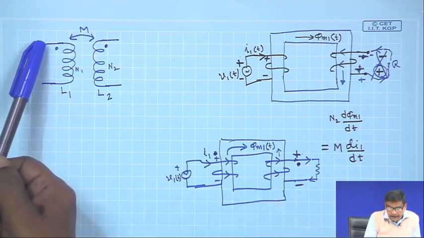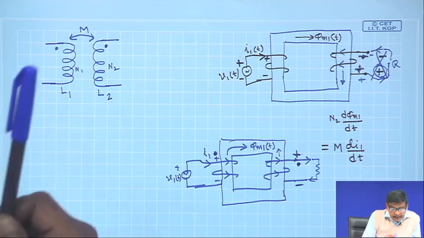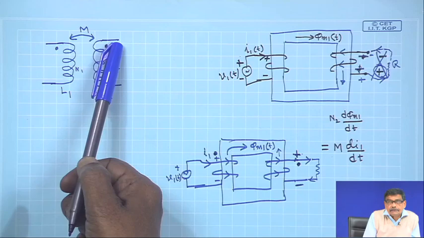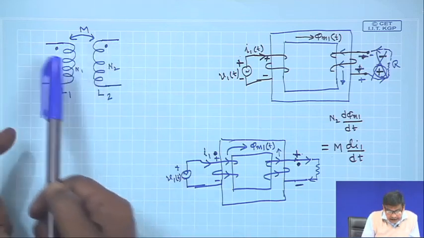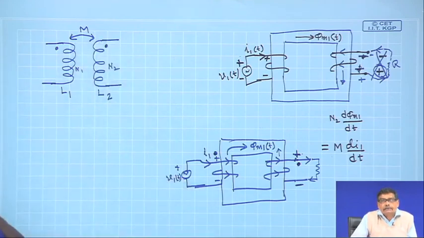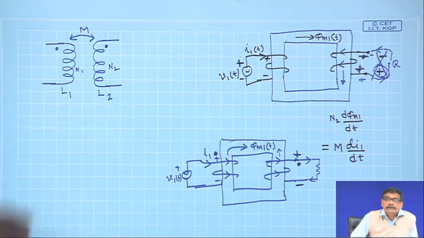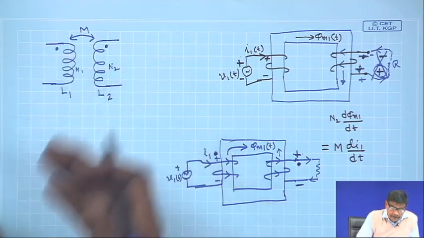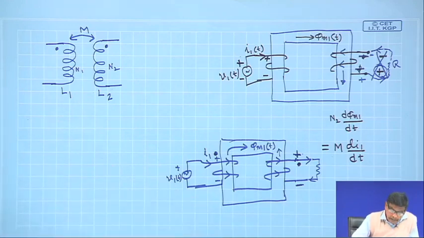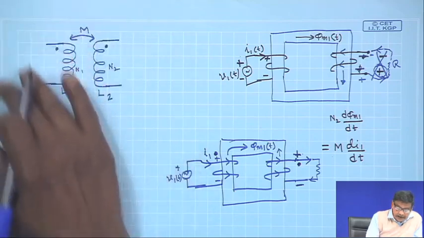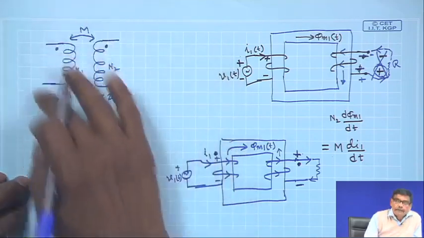If you connect an AC voltage here, if at any instant this fellow is plus, this fellow too will be plus. If at any instant this is minus, this too has to be minus, and so on. Therefore, we show the instantaneous polarity of the voltage. That is why plus or minus is not written, only dots are written. So, anyway, this is the correct way of representing a coil.